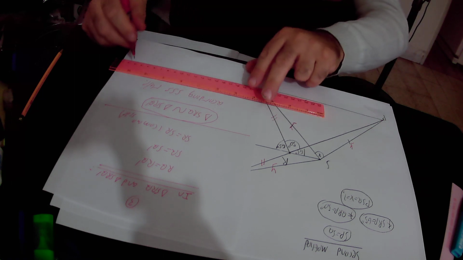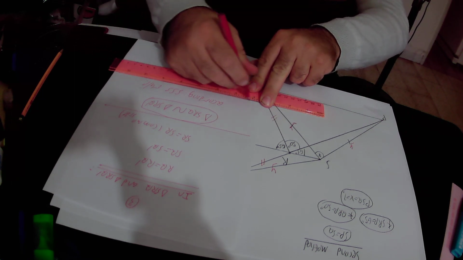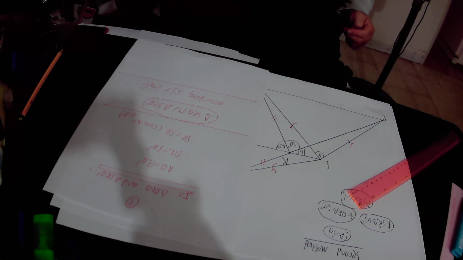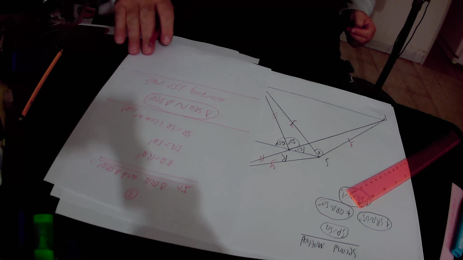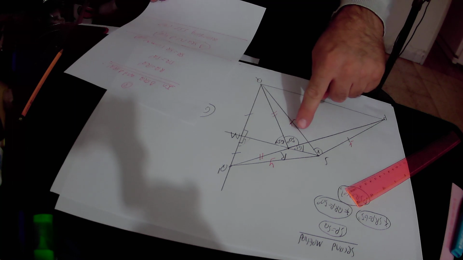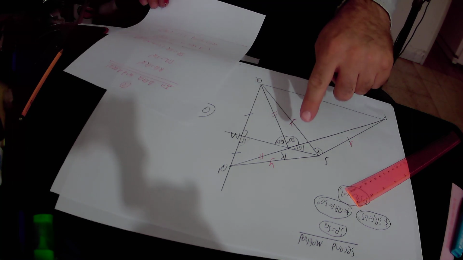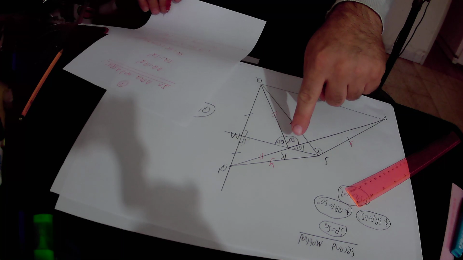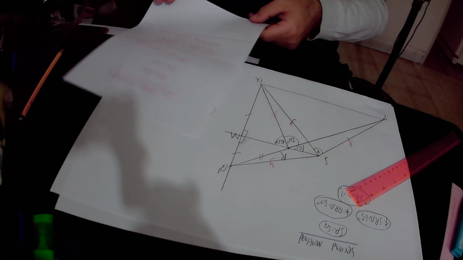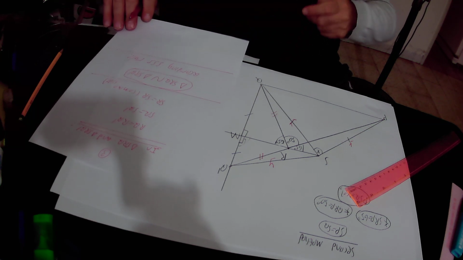The side rule says that if you prove that three sides of one triangle are correspondingly equal to three sides of the other triangle, then you actually proved that those two triangles can go into each other. And we actually proved that three sides of triangle SRQ are correspondingly equal to the three sides of triangle SRQ dash. Therefore, we proved that those two triangles can go into each other according to the side rule.